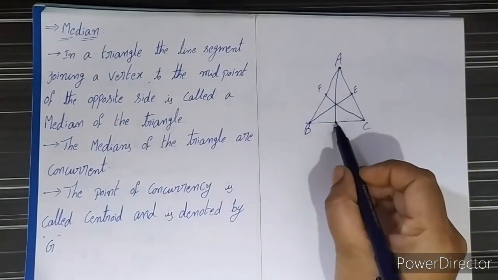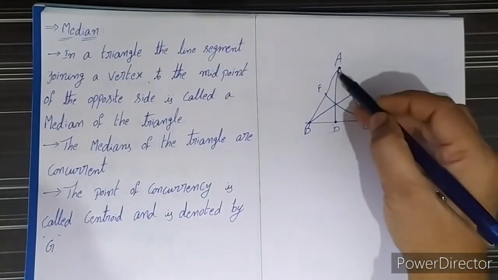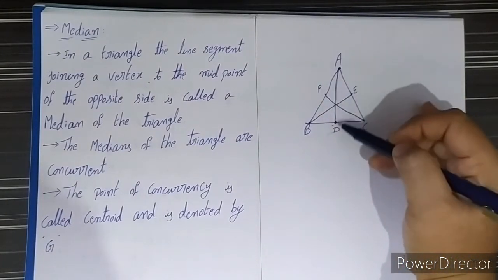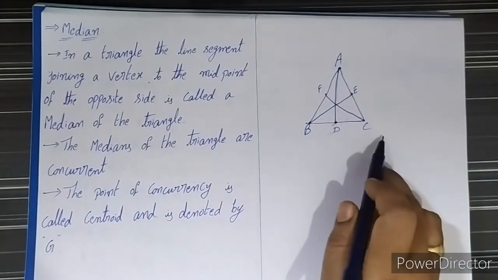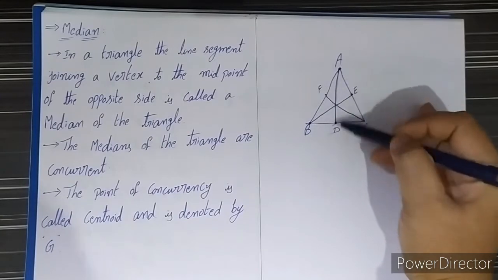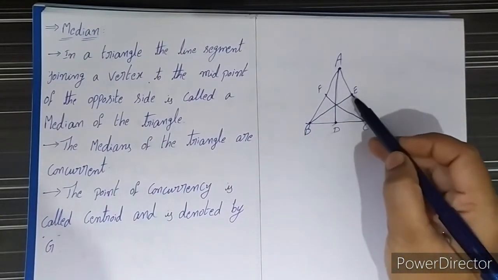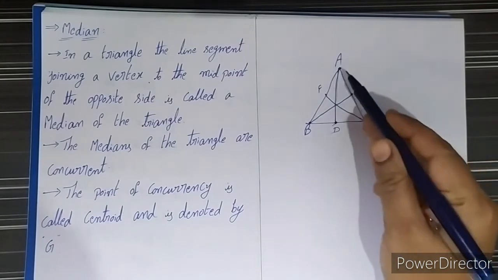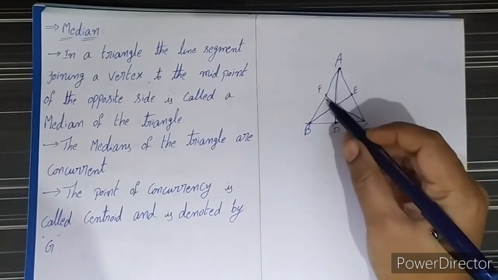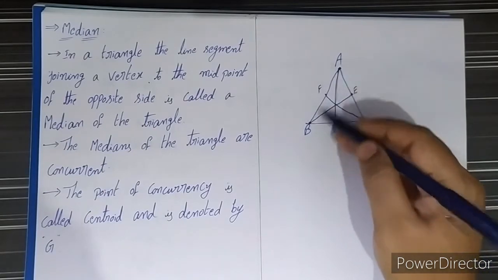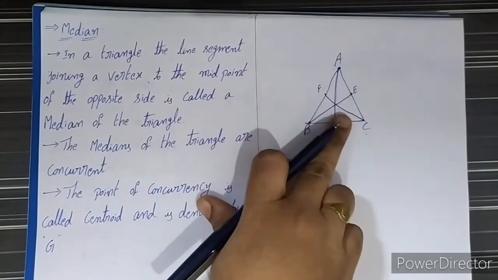Let D be the midpoint of BC. Then this line segment AD is called the median of the side BC. Similarly, BE is the median of side AC. Similarly, CF is the median of the side AB. These are the median definitions.